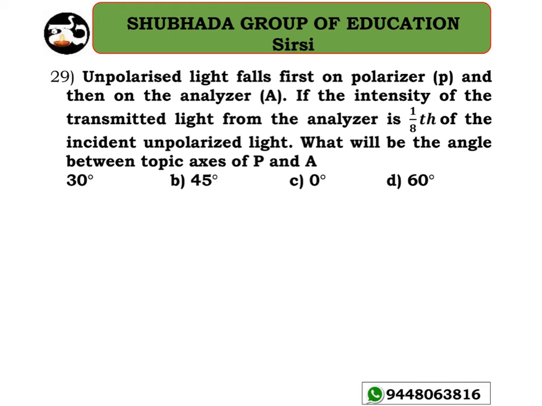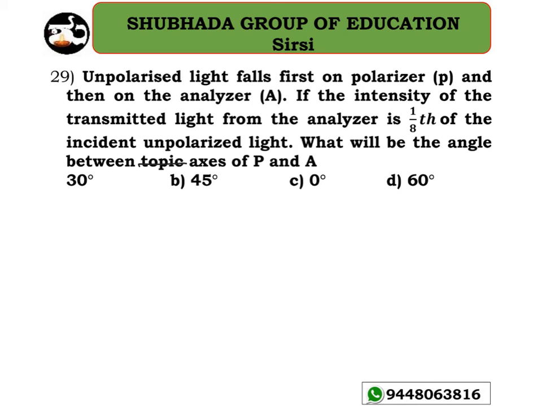Look at the next problem. Unpolarized light falls first on a polarizer and then on the analyzer. If the intensity of the transmitted light from the analyzer is 1 by 8 times that of the incident unpolarized light, what will be the angle between the pass axis of polarizer as well as analyzer is the question here.